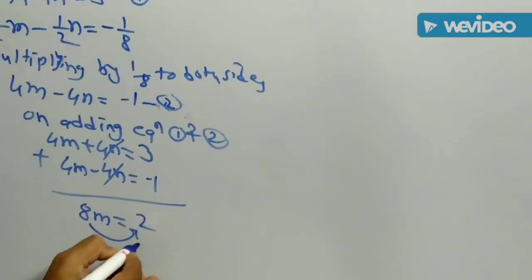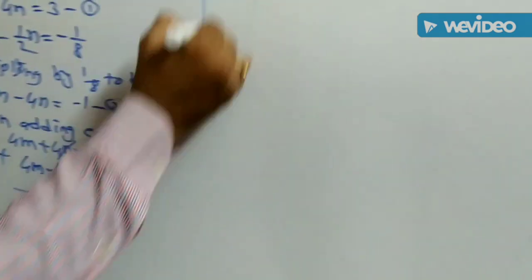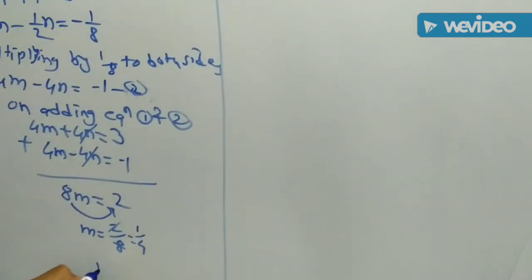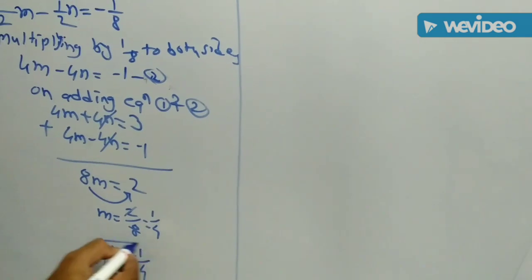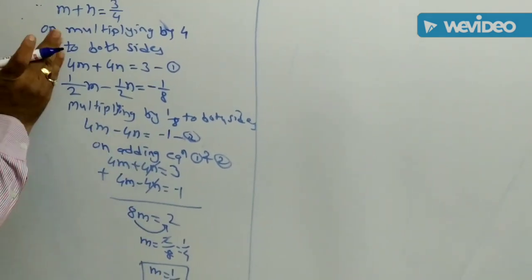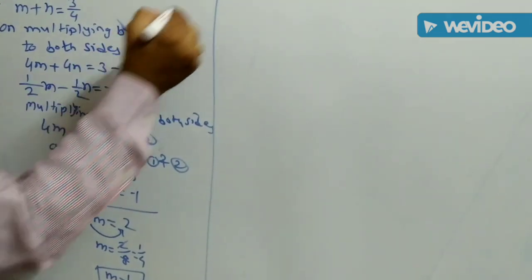To find the value of m, multiplied by 8 gets converted to division, and both are multiples of 2. Therefore divided by 2, we get m is equal to 1 upon 4. Now putting this value of m in equation 1 or 2, I put it in 1 because all signs are positive.